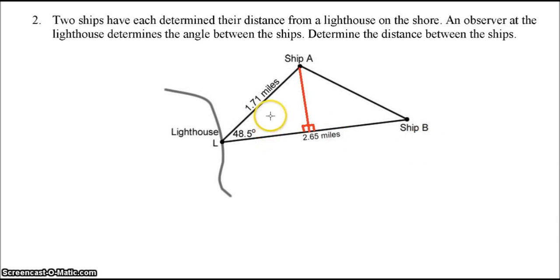So, let's see, this angle will be 90 minus 48.5, which is 41.5 degrees.